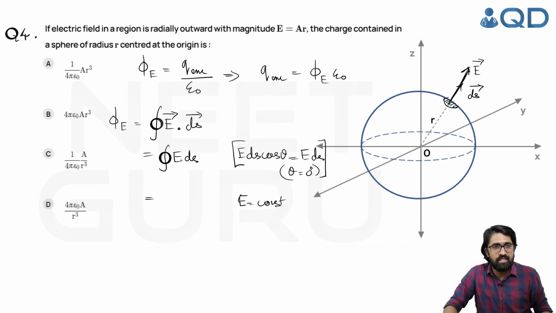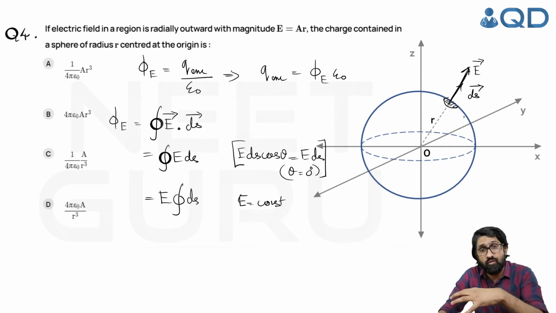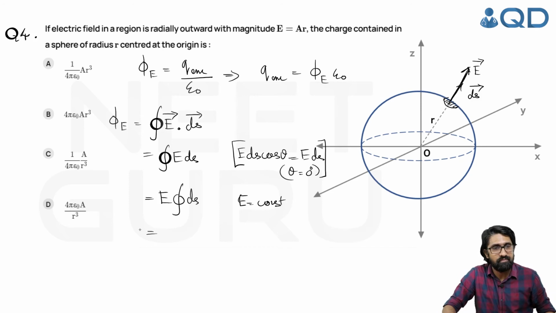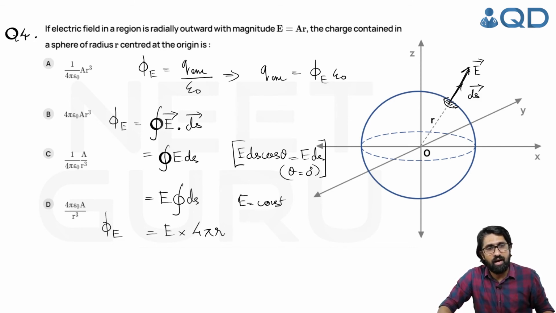If that is true, this expression can be written as E taken out, because it's a constant, closed surface integral ds. Now, closed surface integral ds for the spherical surface will be its surface area, which is 4 pi r square. So we have phi e finally equal to E multiplied with 4 pi r square.